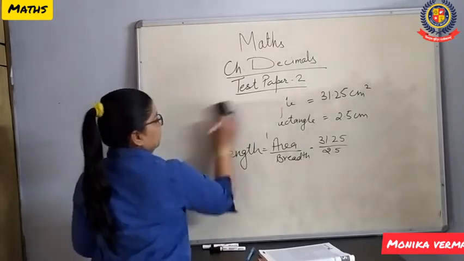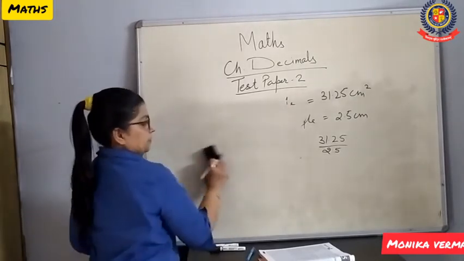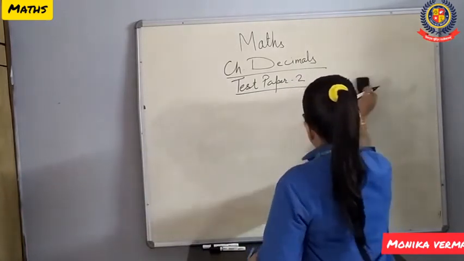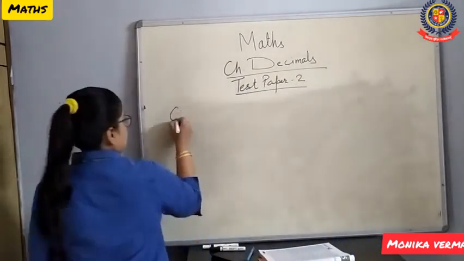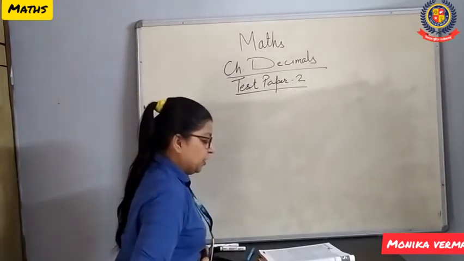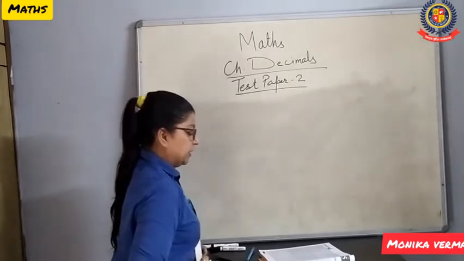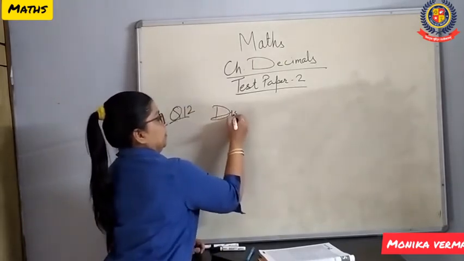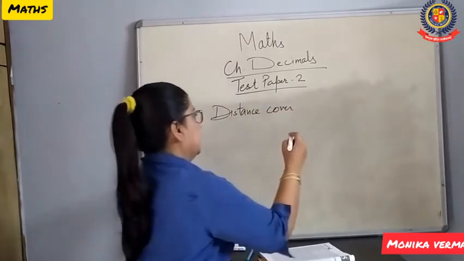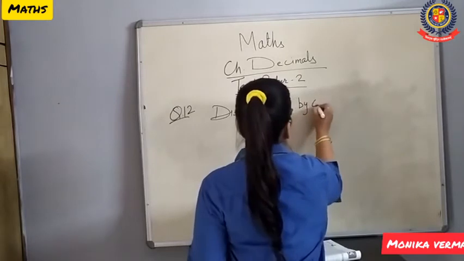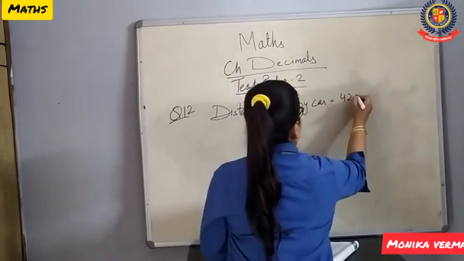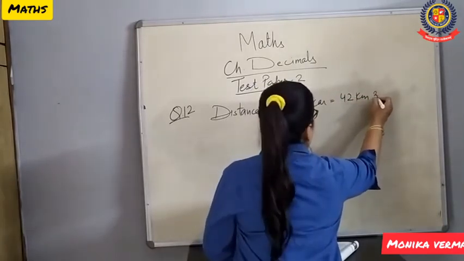Question number 12. Suresh covered a distance of 42 km 35 meter by car. Distance covered by car: 42 km 35 meter.